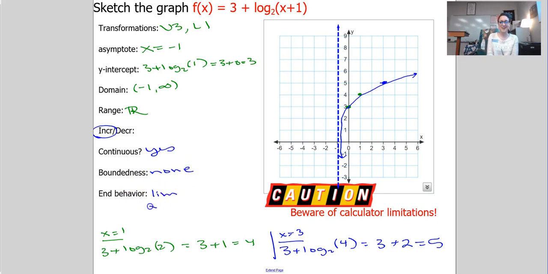So let's go limit as x approaches negative infinity of f of x. Actually, let's do positive infinity. So as we go to the right forever, what do the y values approach? The y values approach positive infinity. Now, take a look here. I've got this wall, right? I cannot go any farther than x equals negative 1.